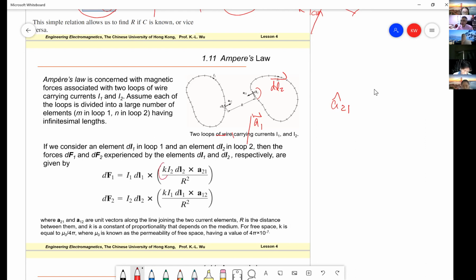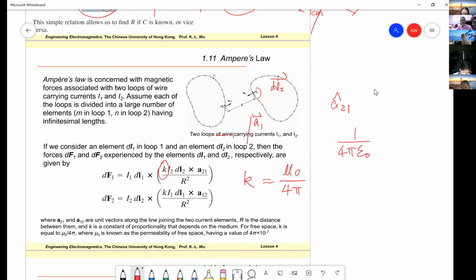The proportionality constant K, people found, can equal mu0 divided by 4 pi. This is very similar to Coulomb's law, which has 1 over 4 pi epsilon 0.